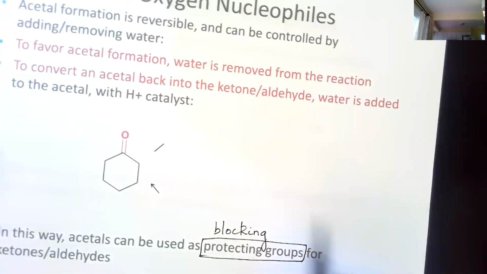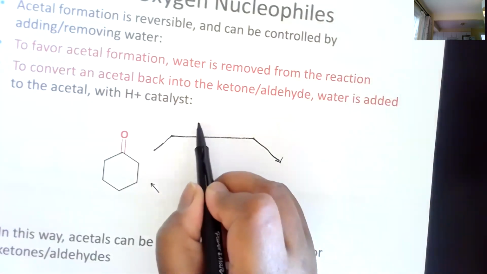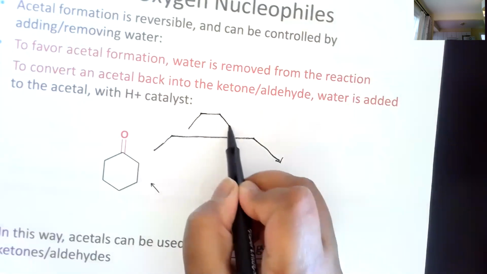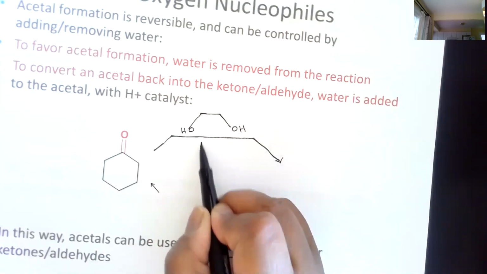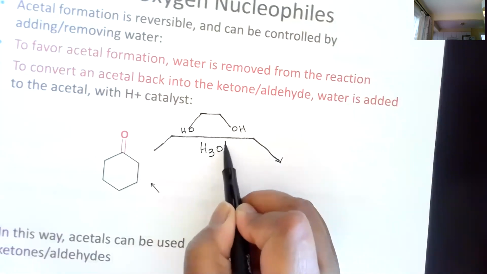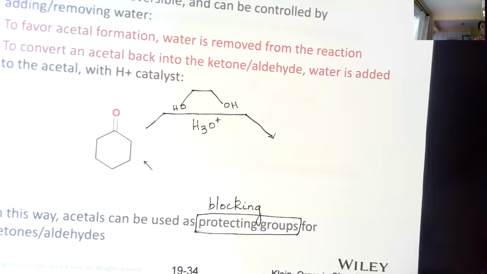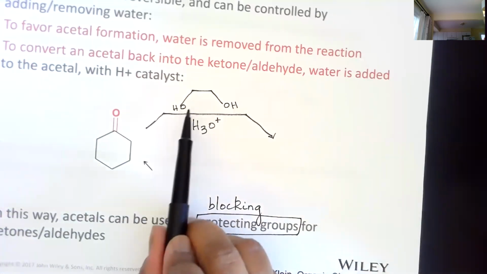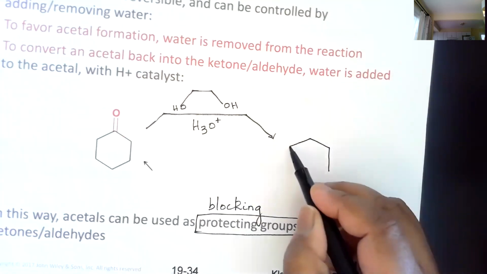So I'm going to give you the reagents. Can you draw the structure? And remember, you need an acid catalyst. Can you draw the product? We just talked about it. Can you put this guy on top there?